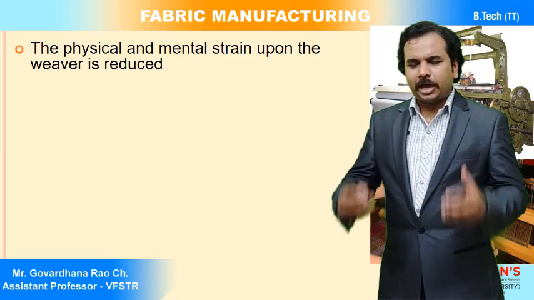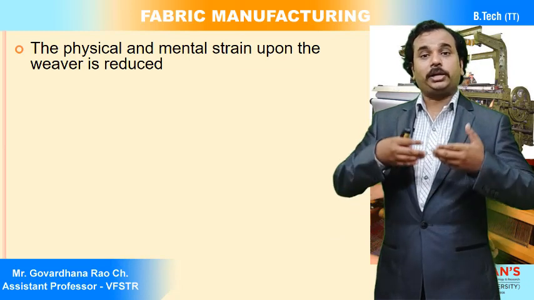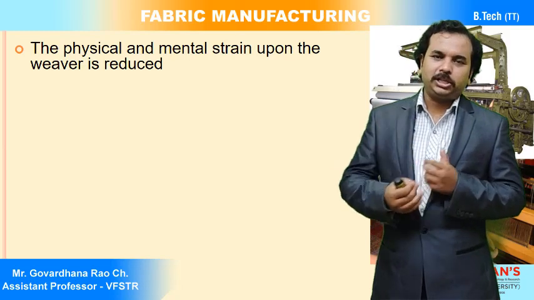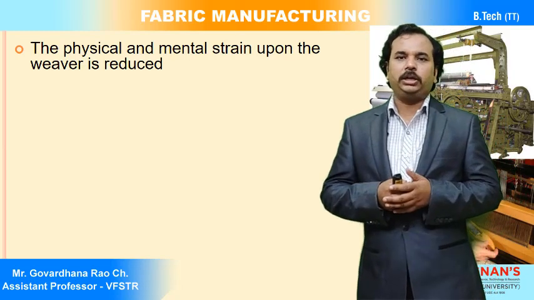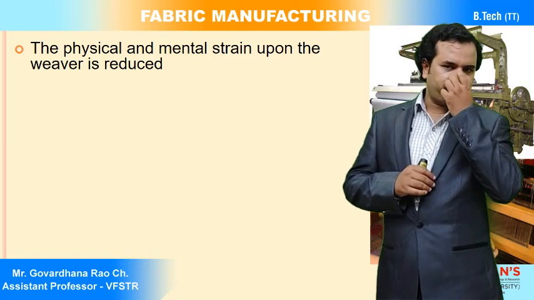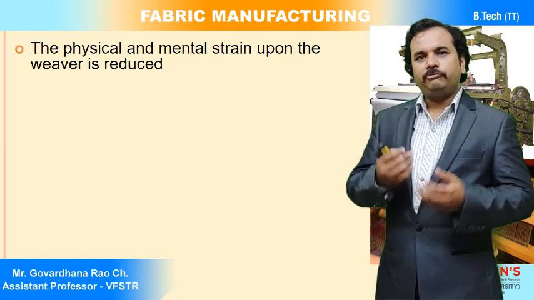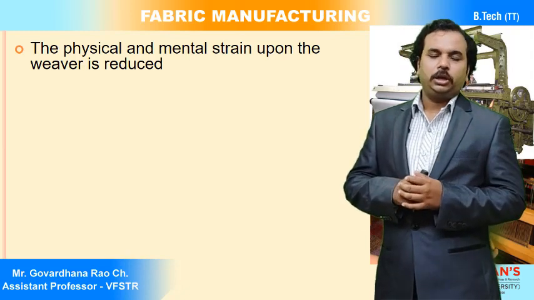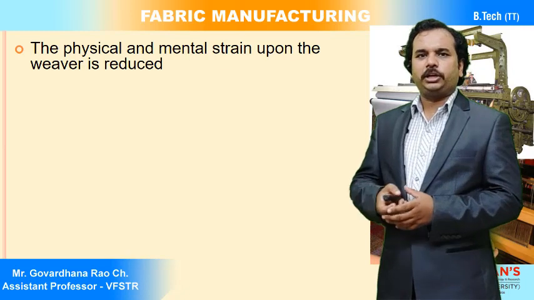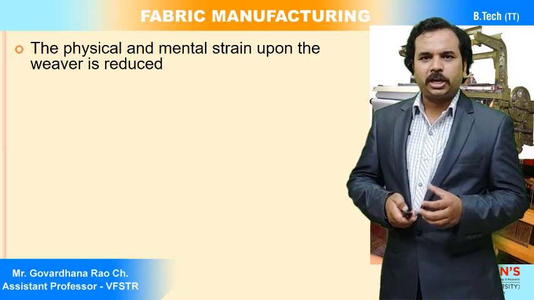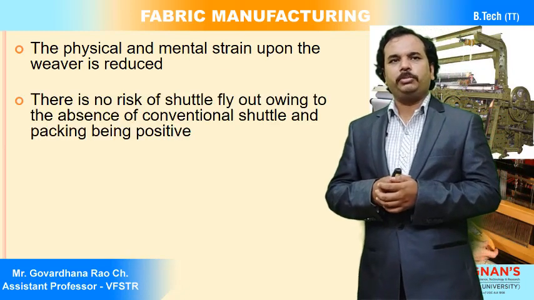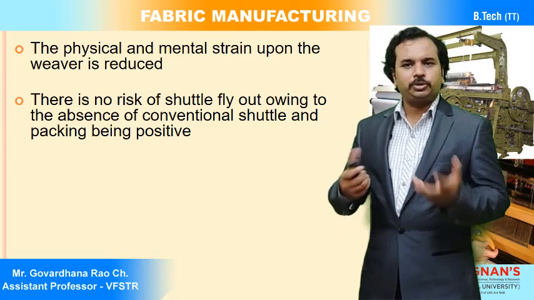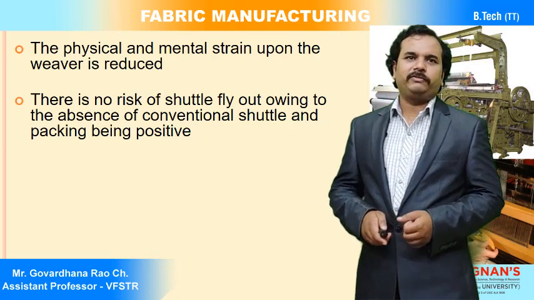Again he has to attend the breakages, the pirn changing, and watch the breakages and the fabric quality, and clean the weft elements or weaving elements. So there are so many works in case of shuttle looms. Now all are reduced in case of shuttle-less looms. That is why the physical and mental strain on the weaver is reduced. And there is no risk of flight of the shuttle. There is no shuttle use, so there is no fly of the shuttle.